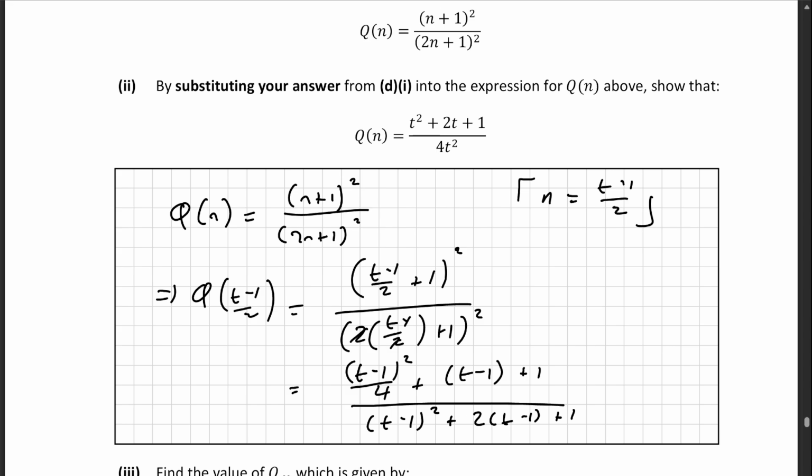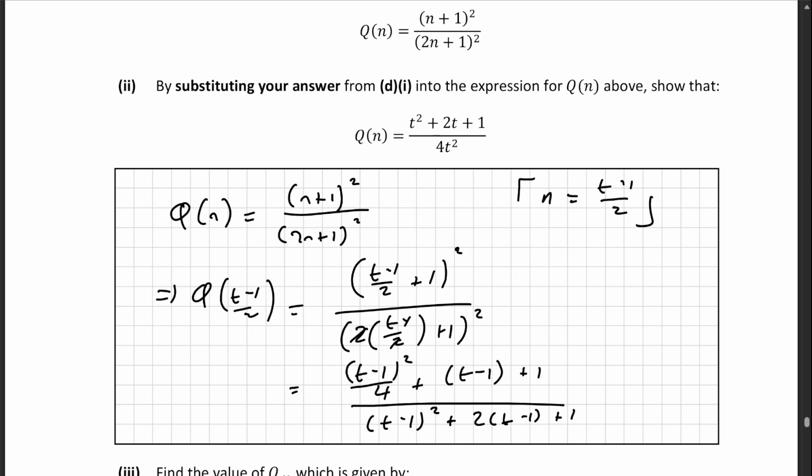Okay, it's a lot of heavy algebra in this one. In fairness, I probably could have done this in a bit of a nicer method. First one squared plus twice the product plus the last thing squared, and then the first thing squared plus twice the product plus the last thing squared.